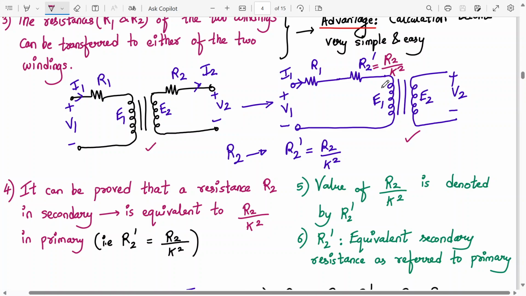So the value of R2 upon K square is called R2 dash. And what is the name of R2 dash? Equivalent secondary resistance referred to the primary. What is it called? Equivalent secondary resistance as referred to the primary. Alright.